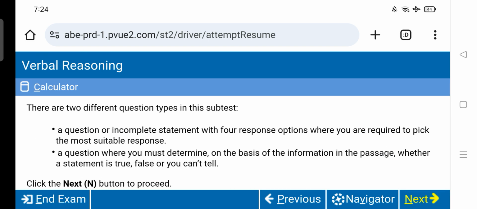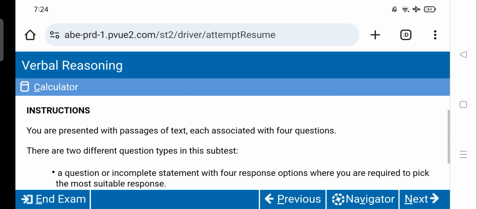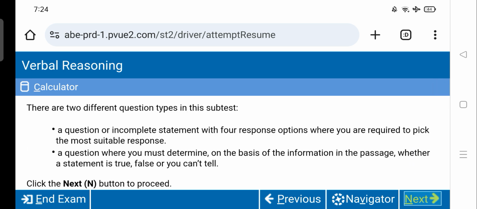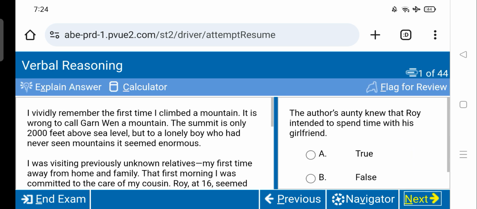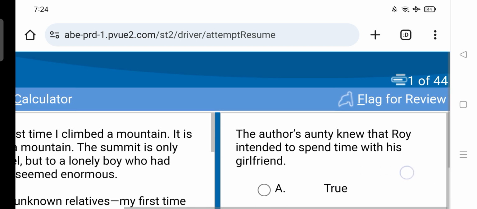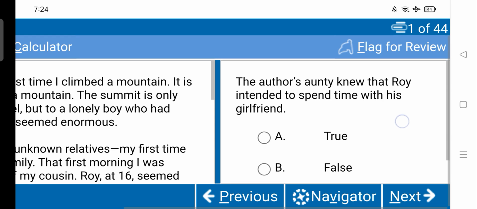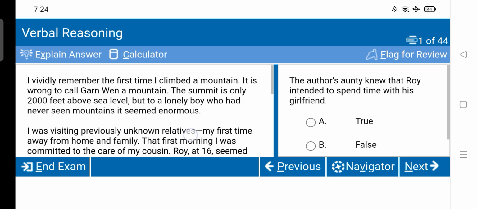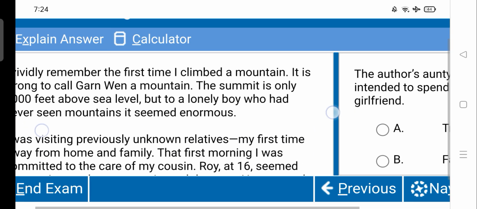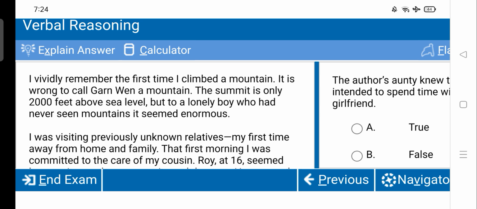So here we have the first question out of 44. It also had 44 questions. This one is question number 1. Here we have some passages given which you can take a look at.